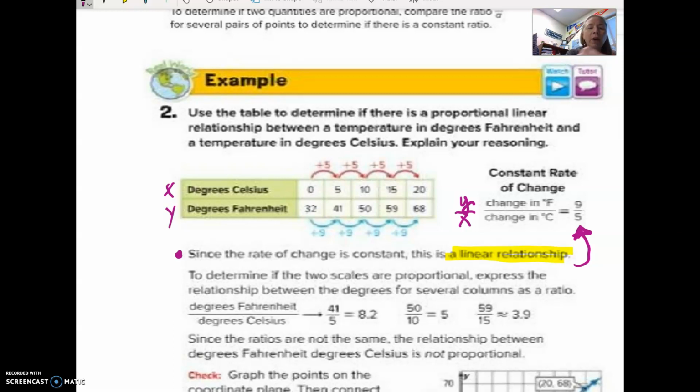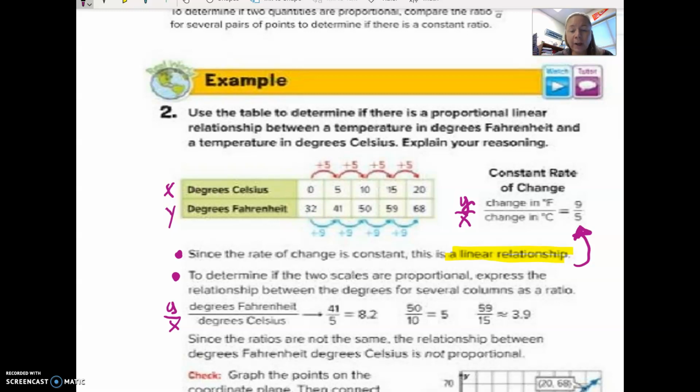Now, the second part of this, I'm going to do another bullet point here, is to determine if these are proportional. So in order to do this, we're still going to take the y over the x, but now we're looking at specific points inside the table. So we have a pattern on the outside, which is for your constant rate of change, and then on the inside of the table, we have a pattern also that we can look at.